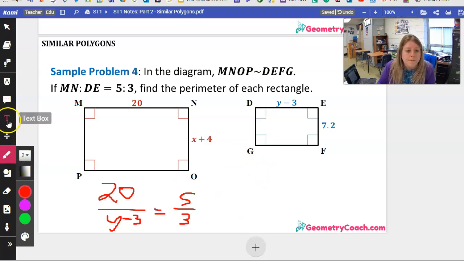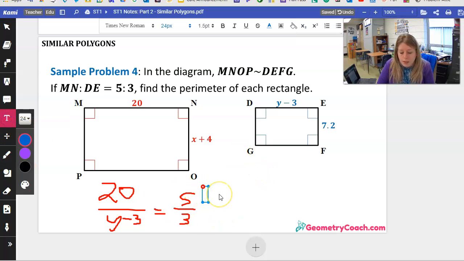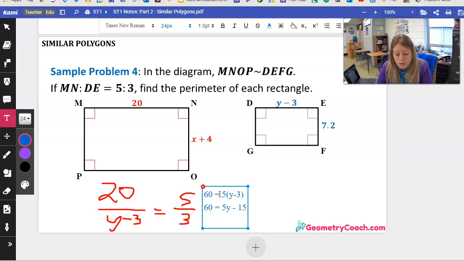So we're going to cross multiply that. So I'm going to get 60, 20 times 3 equals 5 times y minus 3. 60 equals 5y minus 15. 75 equals 5y.